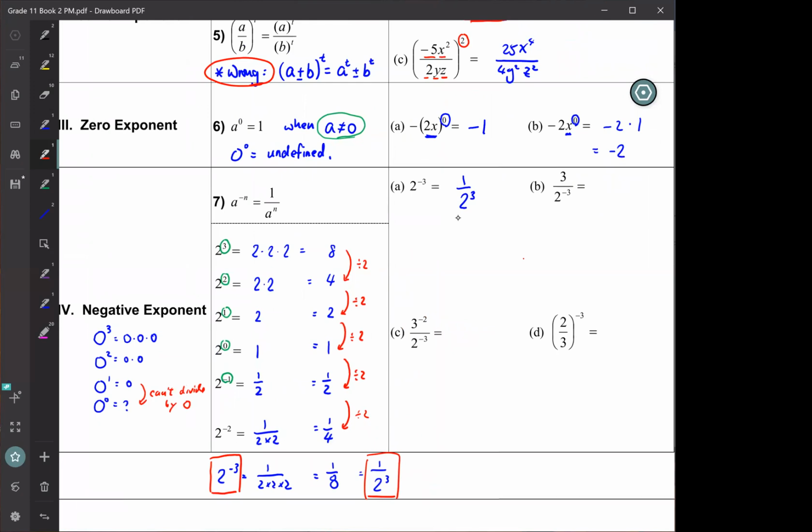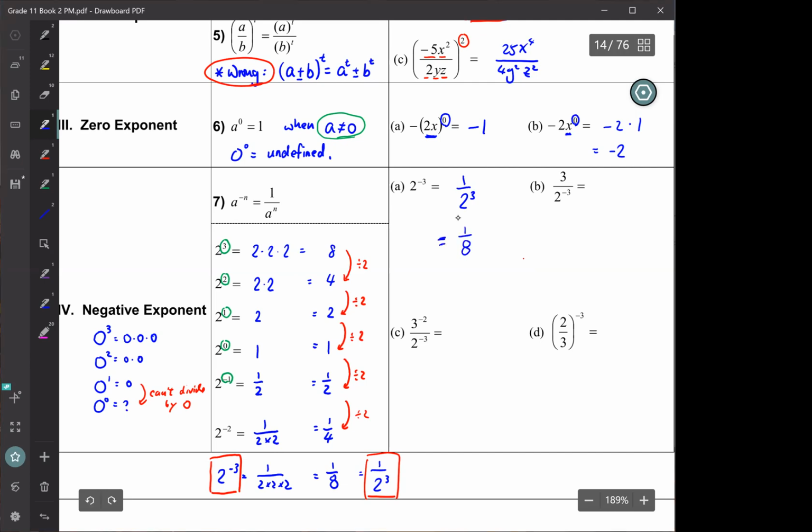So negative 3, there's a negative exponent. That means the other side will have 3 2's. So you just leave your answer like that if they say leave it in positive exponent. If they say evaluate, then you need to do one more step, depending on the instruction. So 1/8.